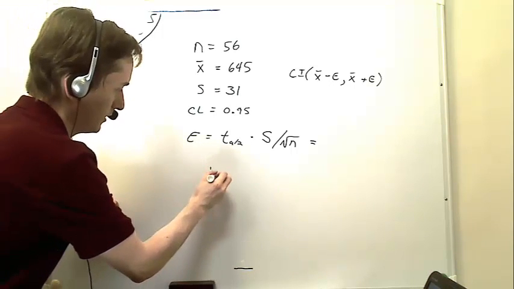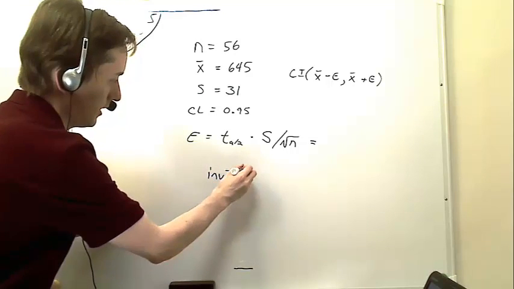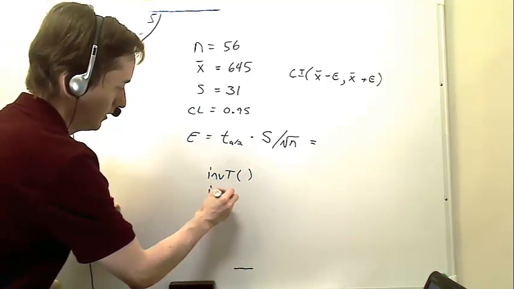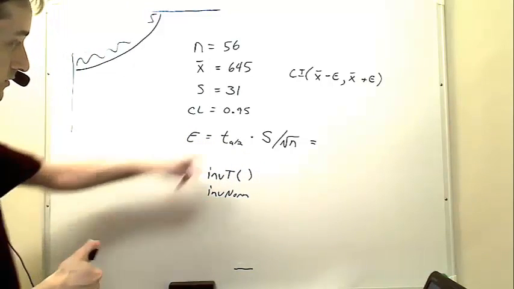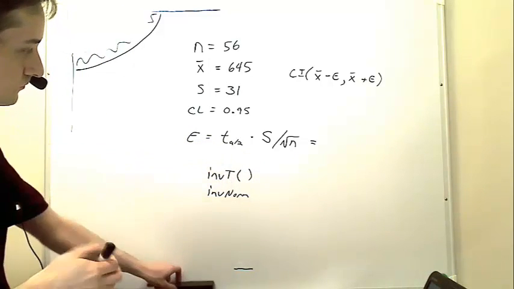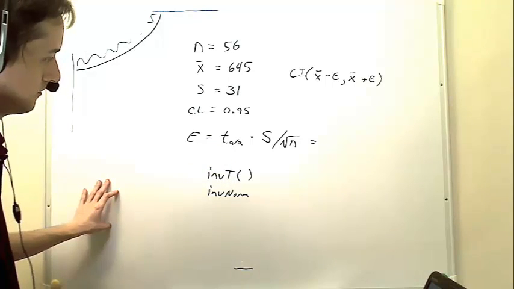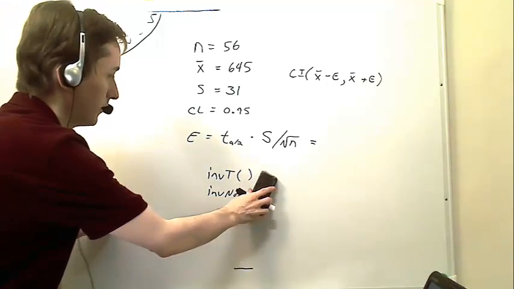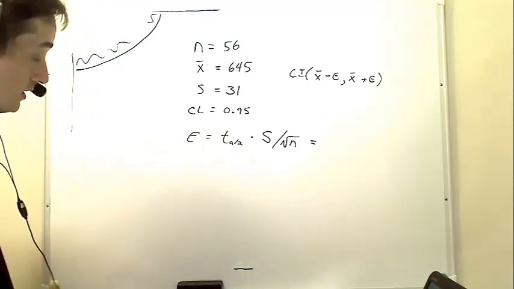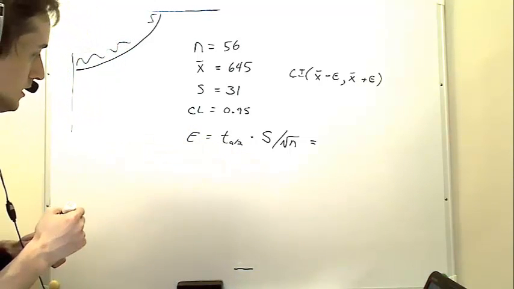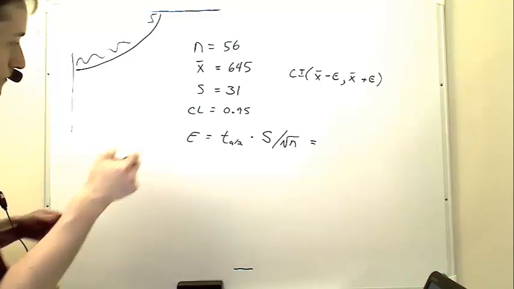I'm not sure which one. That's just like that INV norm, only it's going to give you the T score instead of the Z score. I don't have that type of calculator, so I'm going to try to do this using a different method.